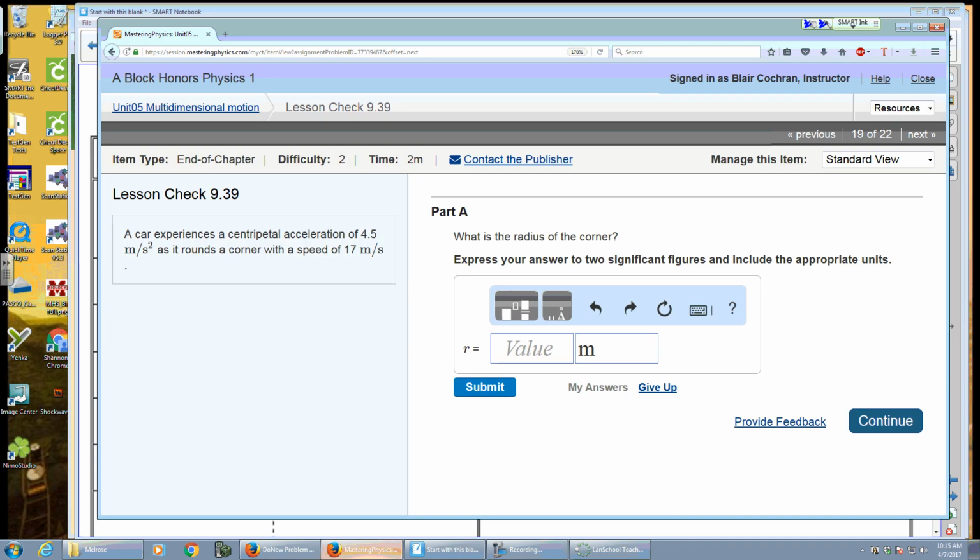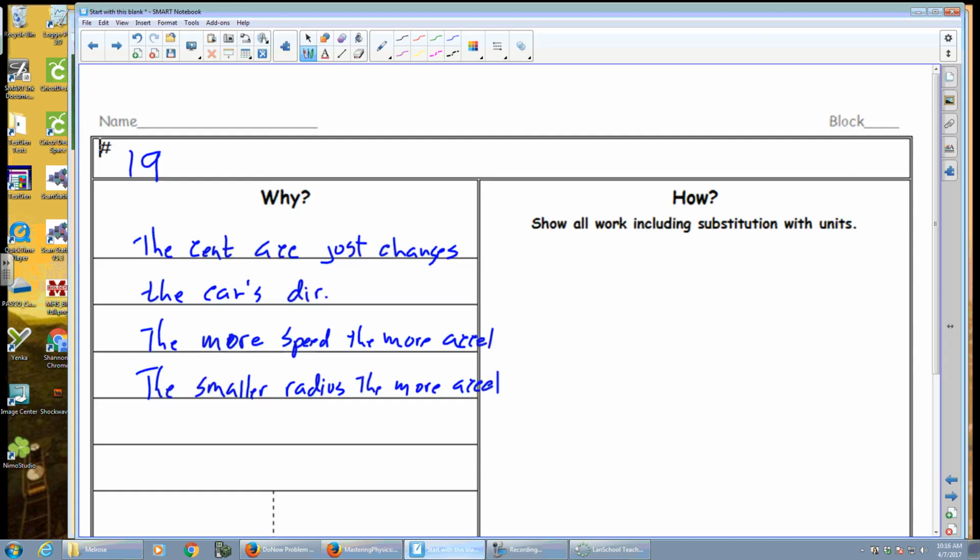And then they tell me what the acceleration is. They tell me the speed. They want to know the radius. So really, I'm just using, from my equation sheet, this, rearrange it, substitute in, and I'm done.